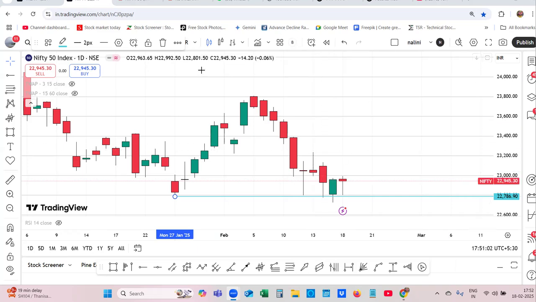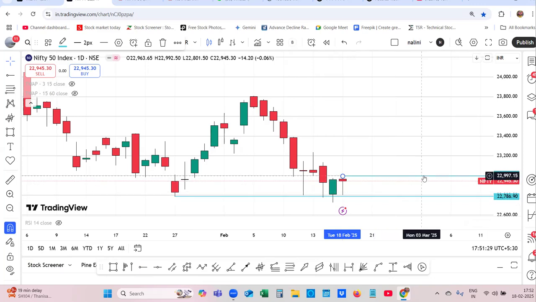So I am on the daily chart. I am marking the high and low of the previous day, the high and low of the candle. I am enabling the magnet over here so that I can precisely anchor the high and low of the day. See, if I place it exactly, it is calculating to 22,992.5.